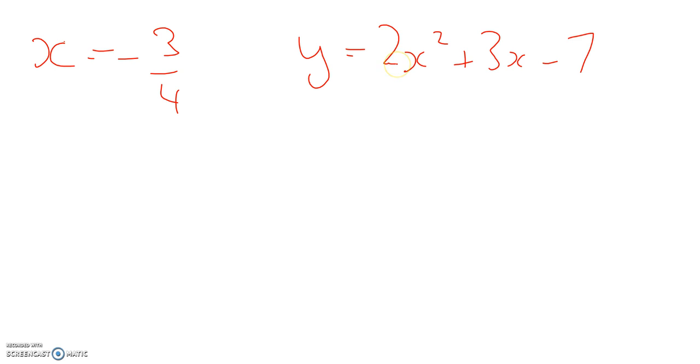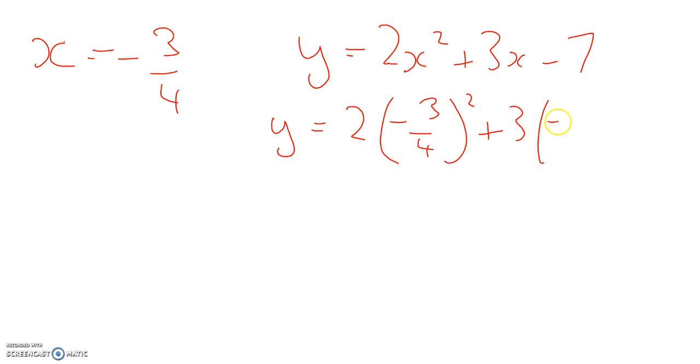So y equals 2 times minus 3 over 4 all squared plus 3 lots of minus 3 over 4 take 7, which equals 2 lots of 9 over 16.